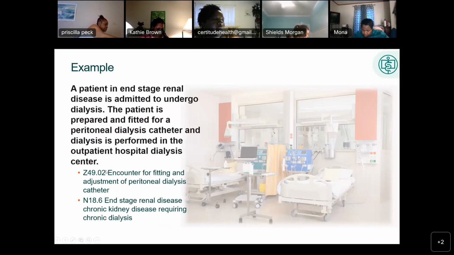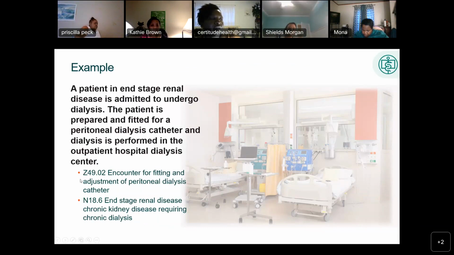Quick example. Well, you know what? We haven't talked about Z codes in detail yet, but that's that status code. So I'm gonna save this example. But I'll just say real quick, in this example, a patient is coming in because they have end-stage renal disease and they're getting prepped for dialysis. So the only reason for this encounter is that they're coming in for a dialysis catheter.